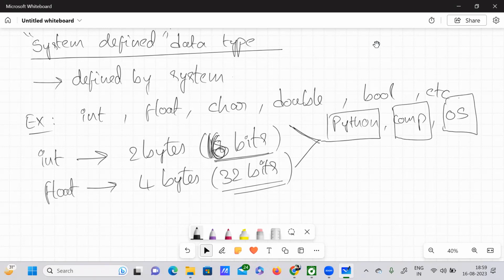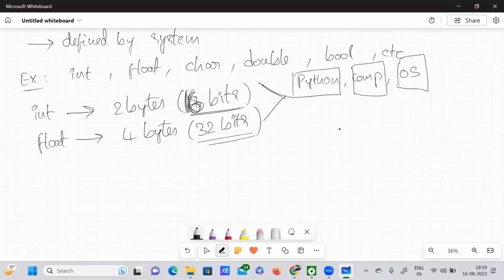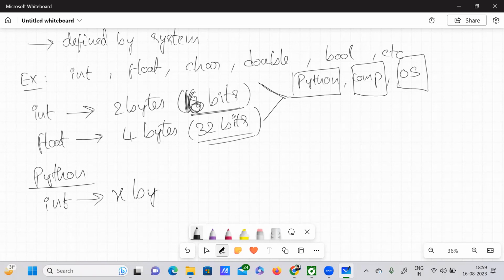So for the same data type, for example in Python, maybe the int has some x number of bytes, and precisely, I can say the integer can take x number of bits.